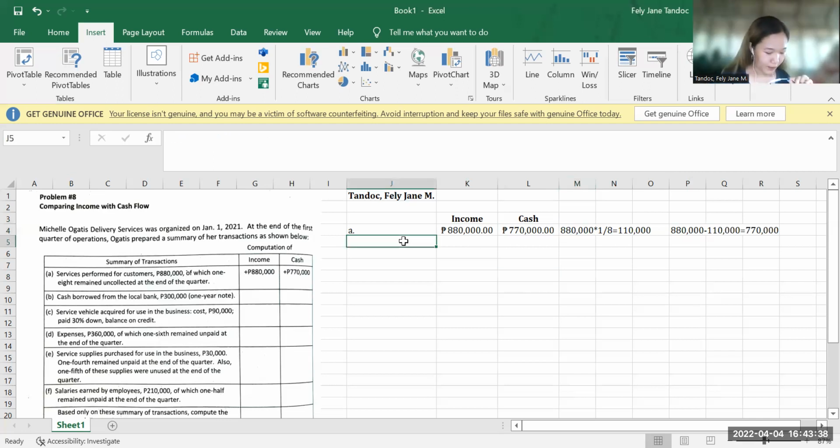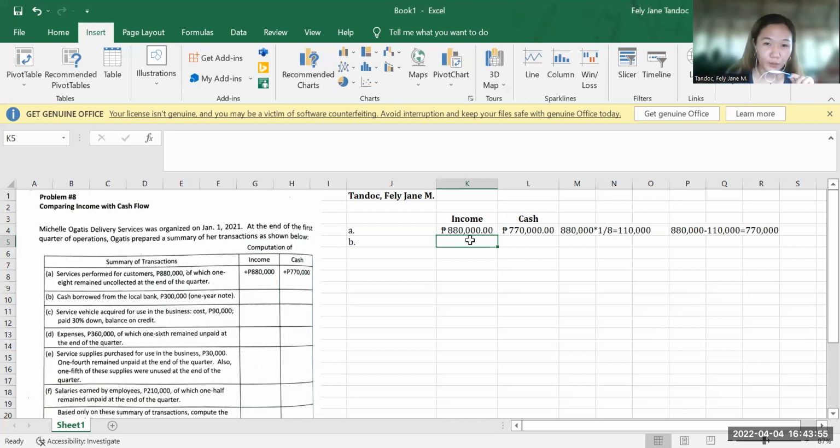Next, for letter B, cash borrowed from the local bank, 300,000, but it is indicated here that it is a 1-year note.